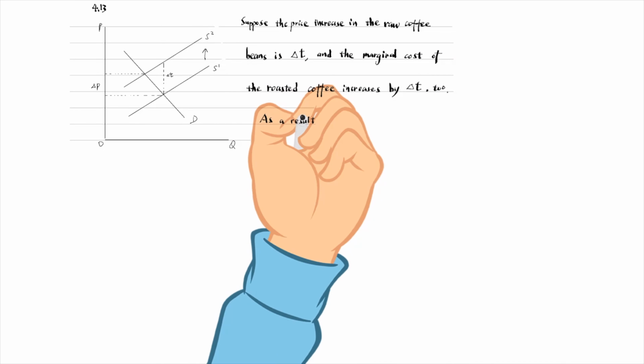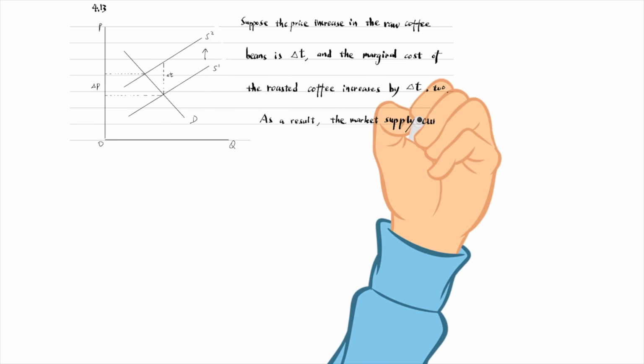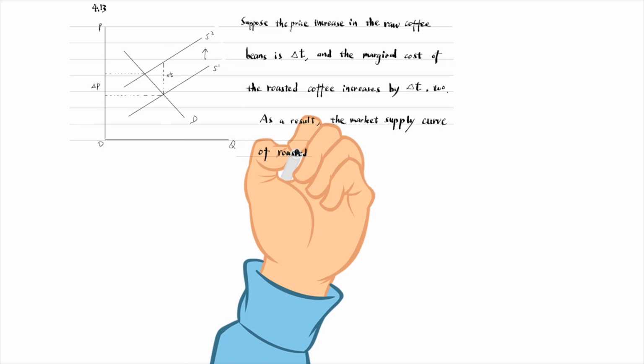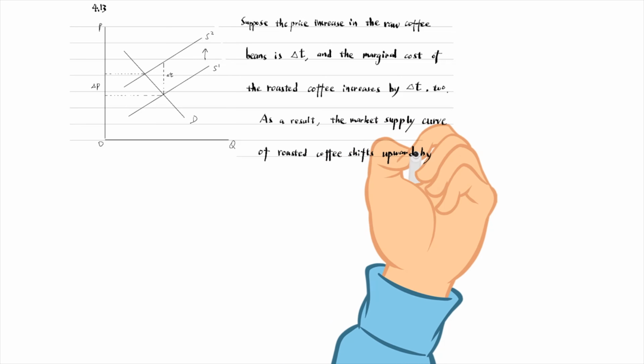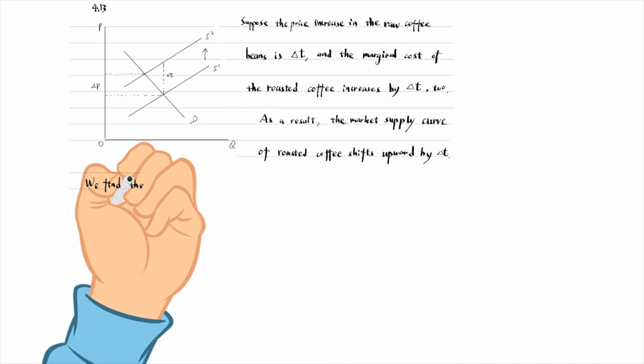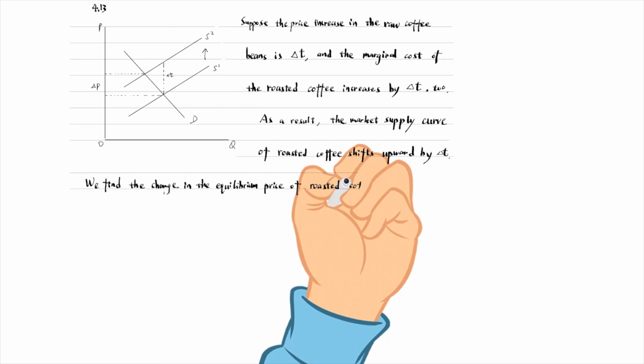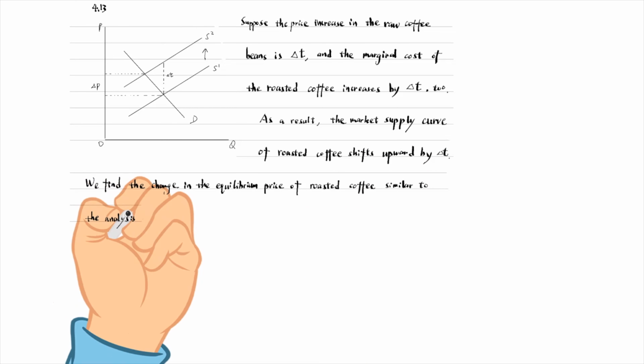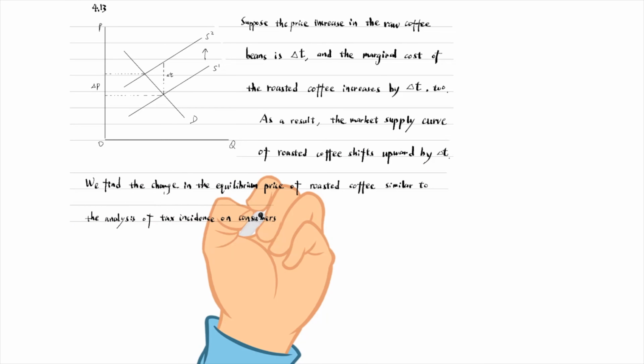As a result, the market supply curve of roasted coffee shifts upward by delta T. We find the change in the equilibrium price of roasted coffee similar to the analysis of tax incidence on consumers.